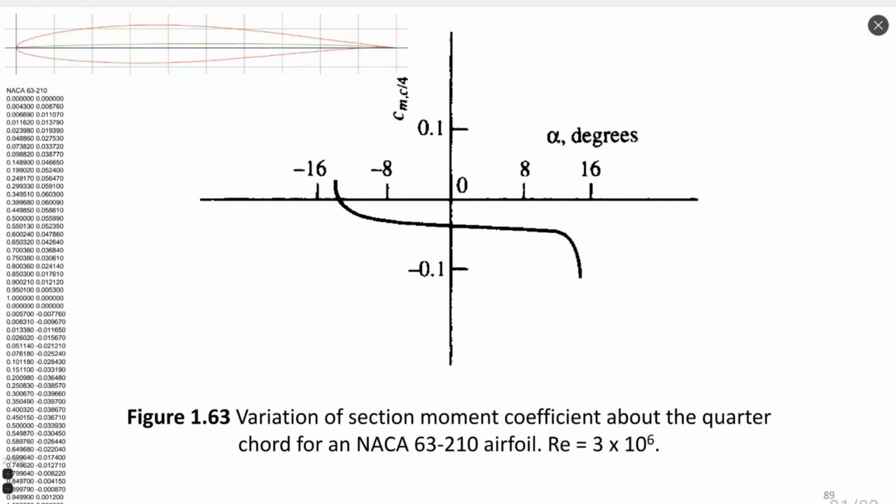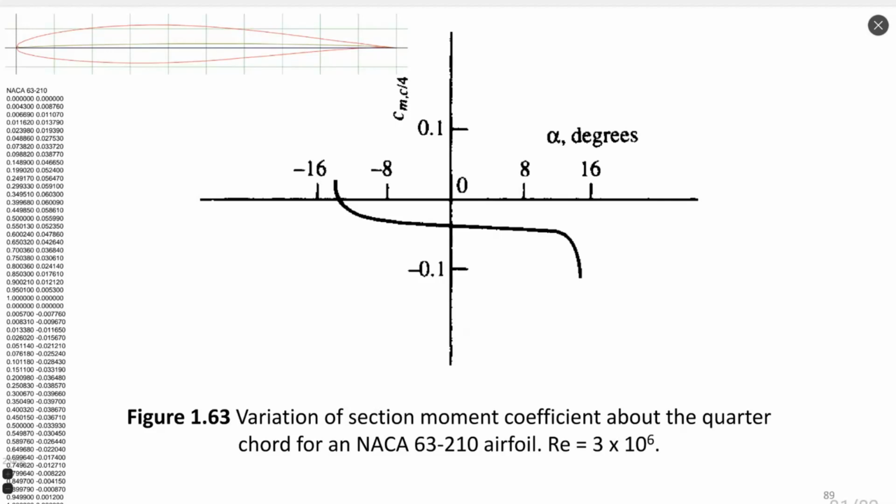A non-symmetric airfoil like this NACA 63-210 has a small negative momentum coefficient. What is positive and negative, I think we already saw. And if I forgot to explain, in a minute I will return to the discussion and show it.